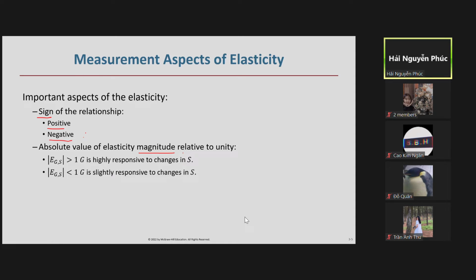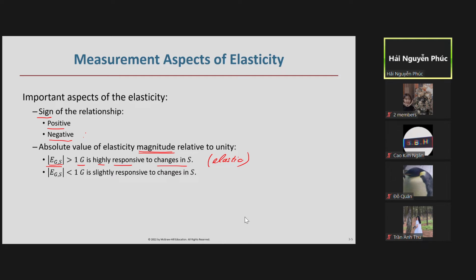Now talking about the magnitude, we look at the elasticity in absolute value. Why do we put it in absolute value? Because it can be negative. If the elasticity in absolute value is greater than 1, then we say that G is highly responsive to a change in S, or we say elastic.